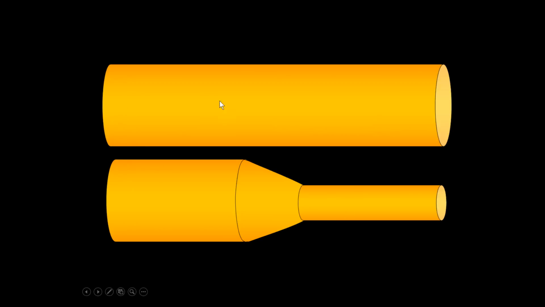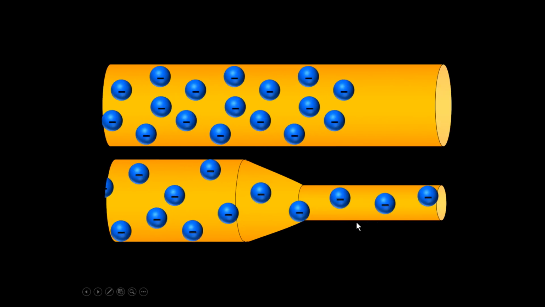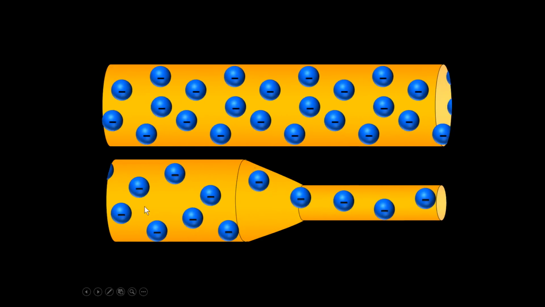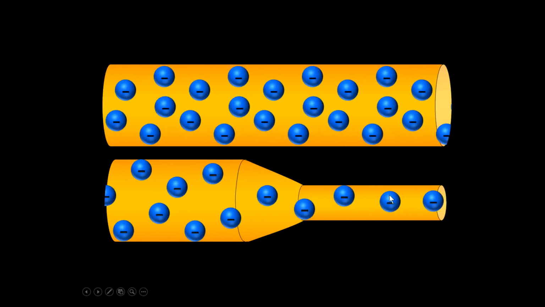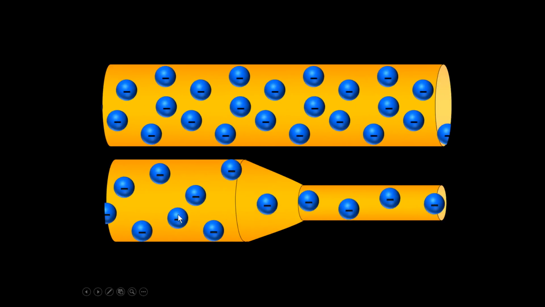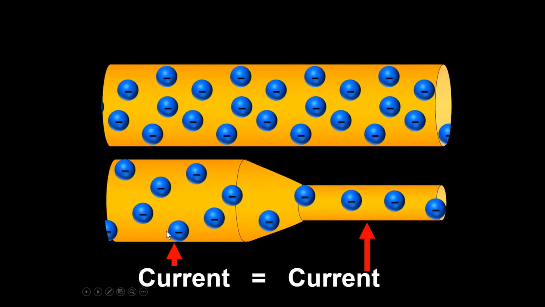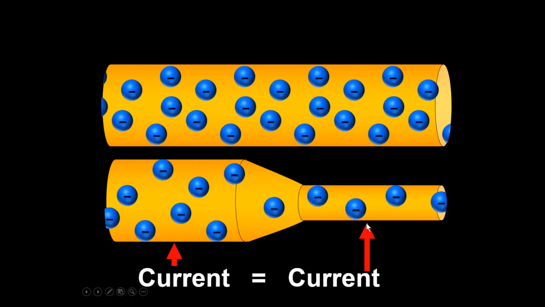All right, so let's say this is a real thick wire, and this is a thick wire tapered down into a smaller wire. So if we had current running through this large one here, or we had current running through it here, the current that goes by here must equal the amount of current that goes by there.